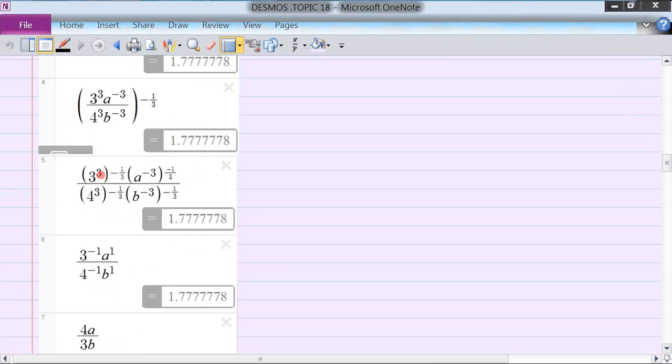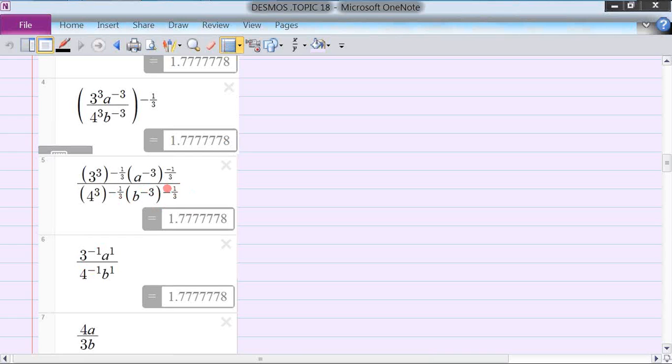Okay, so 3 times minus 1/3 gives me the minus 1. Same thing over here. Minus 3 times 1/3 gives me 3/3, which is plus 1. This one is 3 divided by minus 1/3. You can look at it as multiplication of 3 times minus 1/3 gives me minus 1.